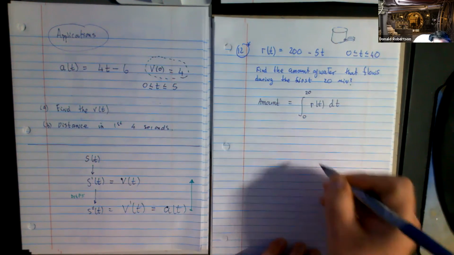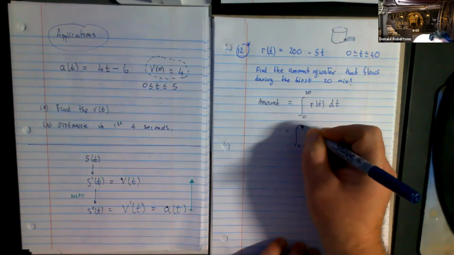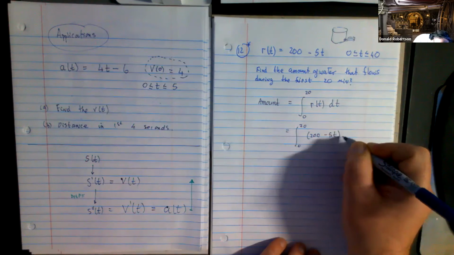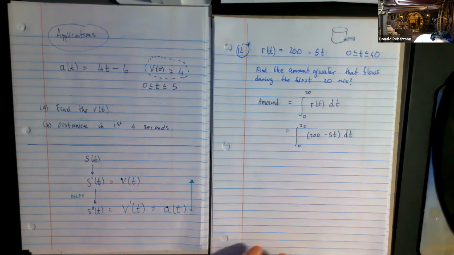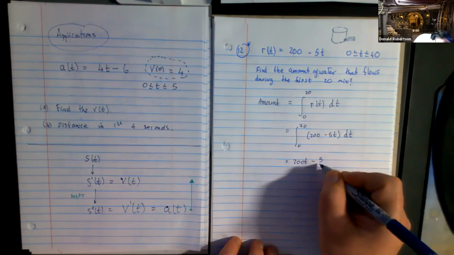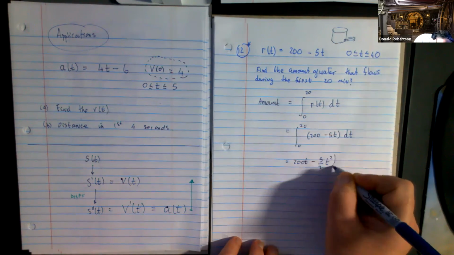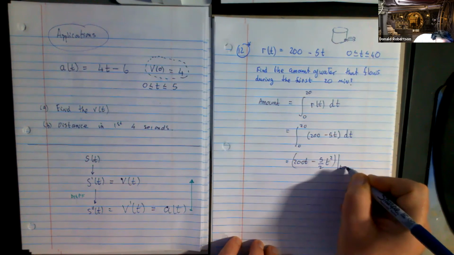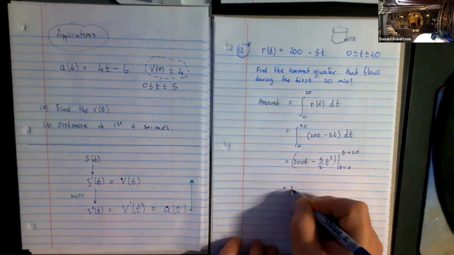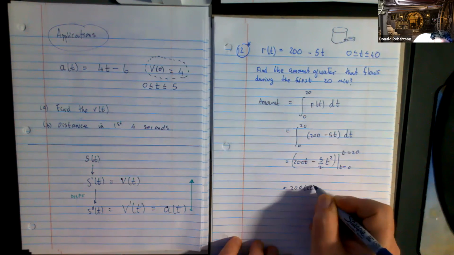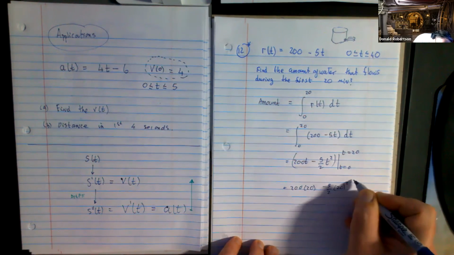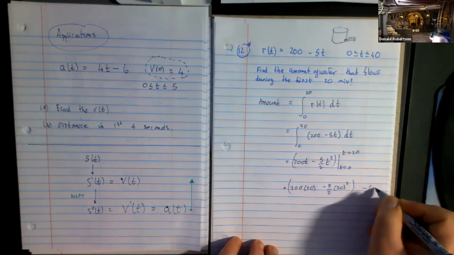So this is going to be the integral from 0 to 20 of 200 take away 5t dt. And this is going to be 200t take away 5 over 2 t squared from t equals 0 to t equals 20. And that's 200 times 20 take away 5 lots of 20 squared minus a whole load of nothings.